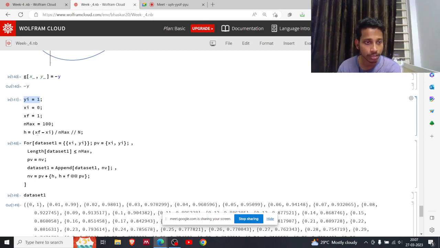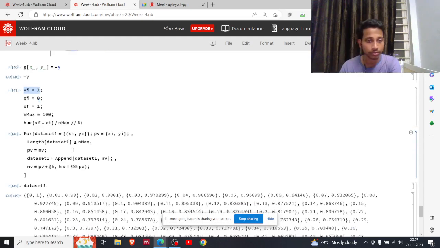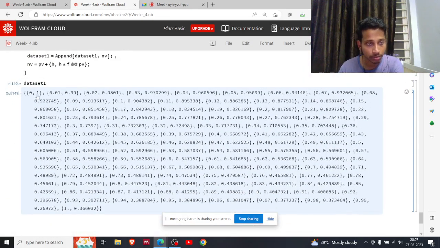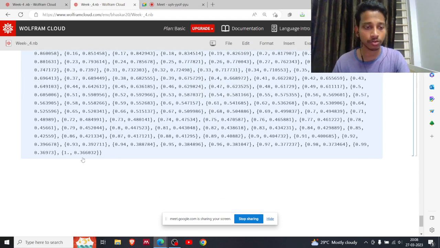Here xf equal to 1, xi equal to 0, so 1 minus 0, which is 1, by 100, that is 0.01, and calculated the value of y at 0.04. If you recall, we had obtained that the value of y at 0 is 1. Then we followed this value up to this point. y at x equal to 0.04 is 0.960596. So this is the whole table up to 1.